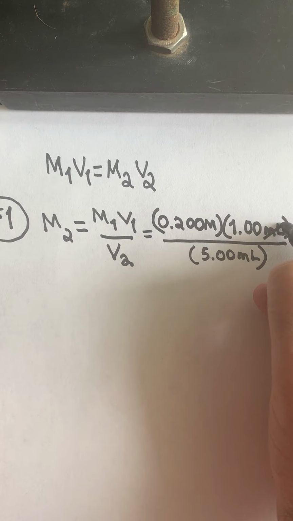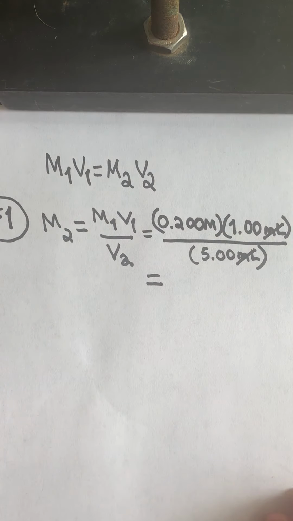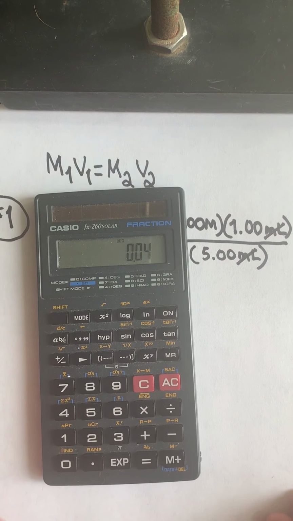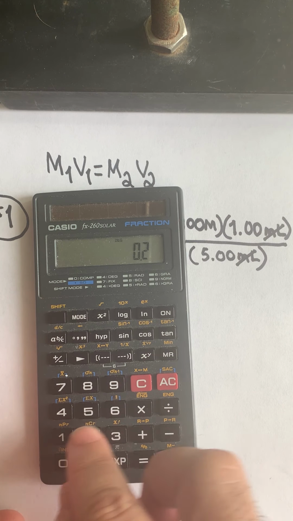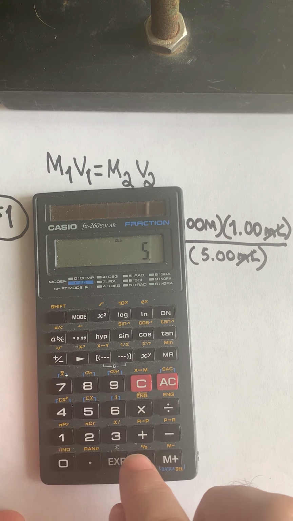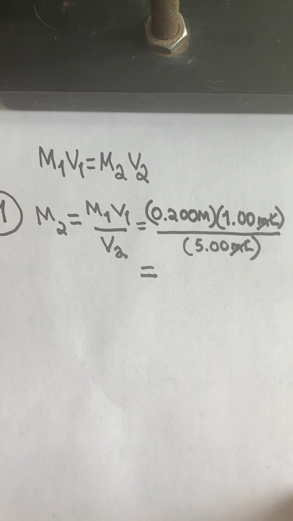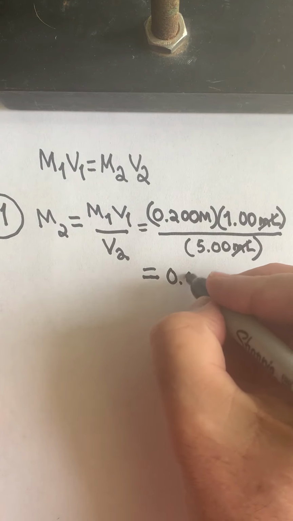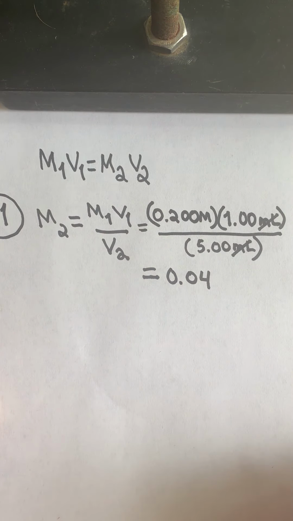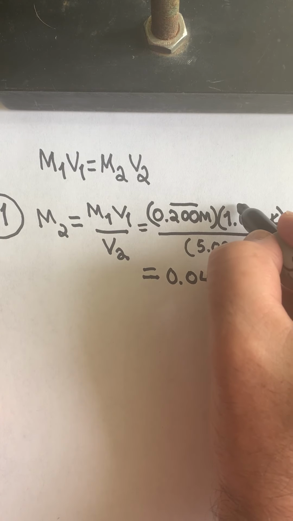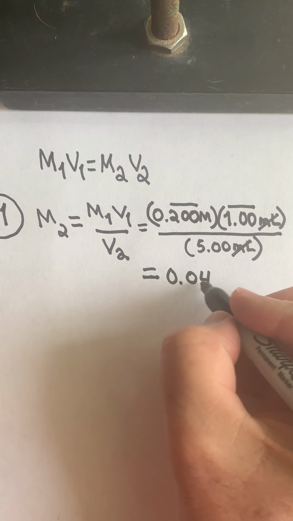The milliliters cancel out, so we can do this operation here. I have 0.2 times 1 divided by 5 equals 0.04. Now, all of these numbers have 3 sig fig precision, so we need to make this go to 3.